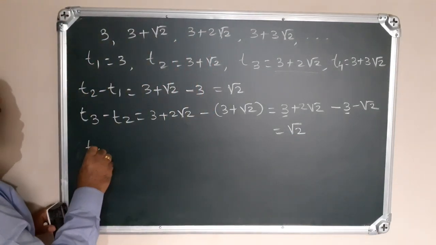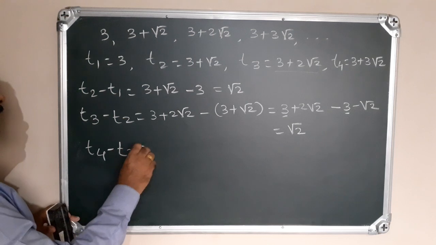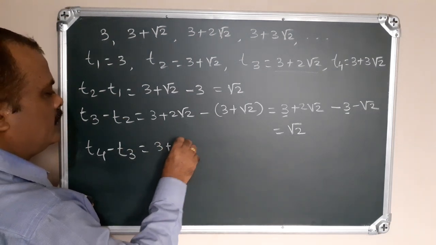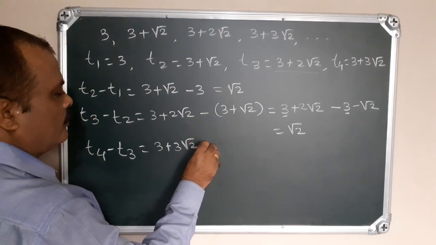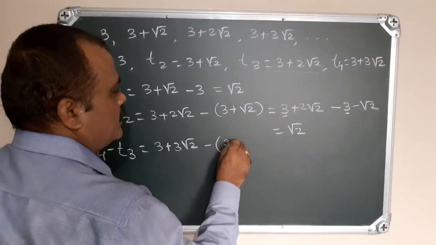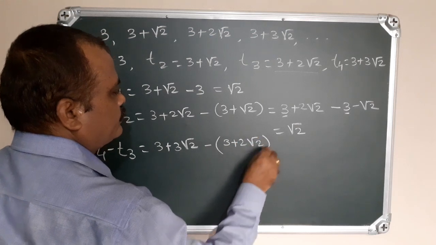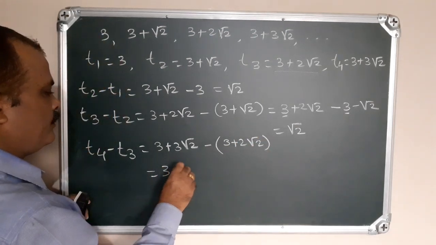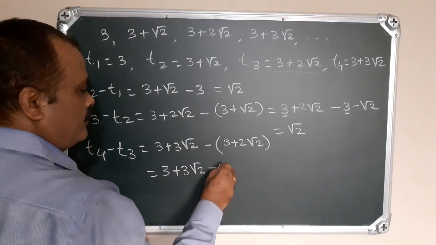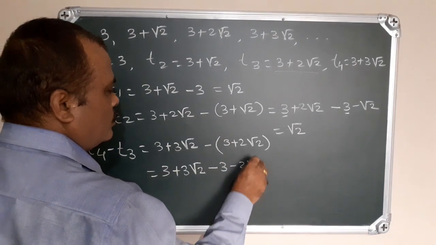Then calculate T4 minus T3, which is 3 plus 3 root 2 minus, write in a bracket because there are two terms, 3 plus 2 root 2. So 3 plus 3 root 2 is as it is. This will become minus 3 minus 2 root 2.